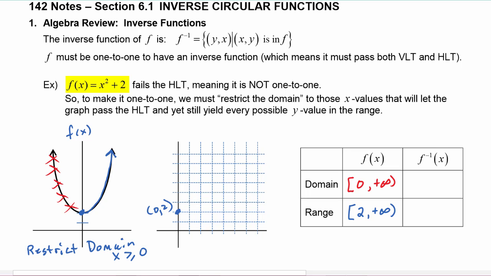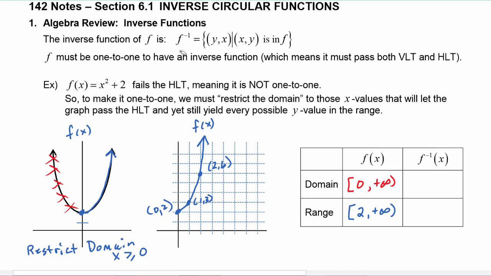So we know we have the point 1, 3. We would have the point 2, 6. And we know our graph looks like this half of the parabola. And this is our graph of f of x.